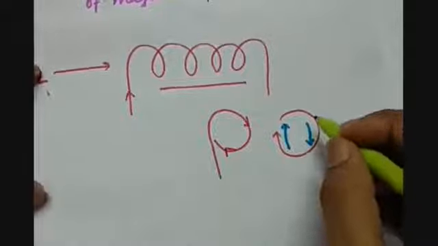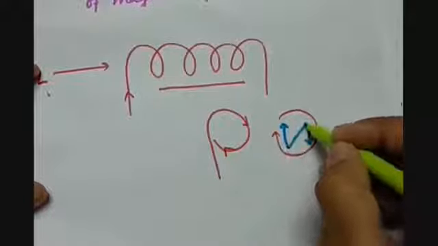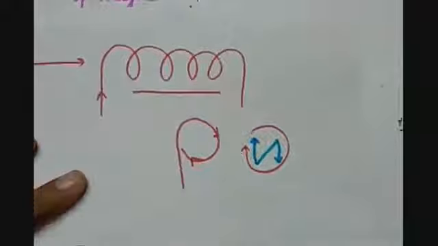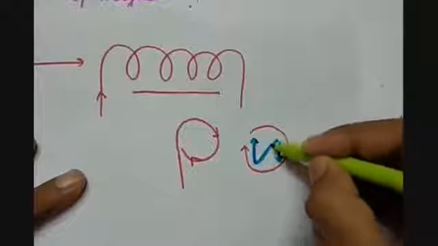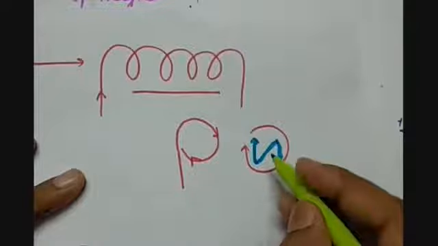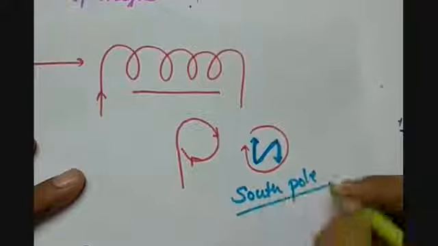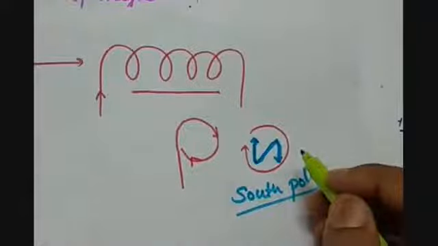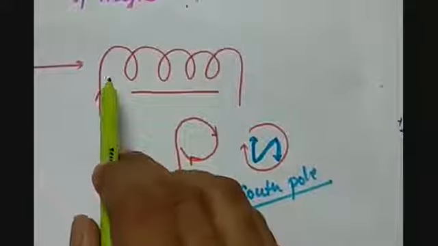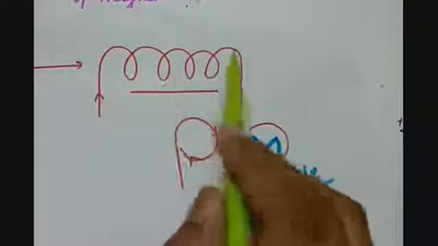So if I take the circular loop as 2 segments of straight conductor and join them with the line, this forms a word shaped S, which means that this face of the clock is behaving as the south pole of the bar magnet. This is one of the methods to remember what pole the solenoid faces behave as when the current is flowing through the solenoid.